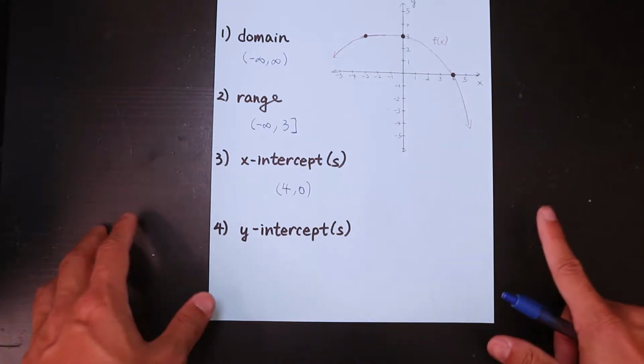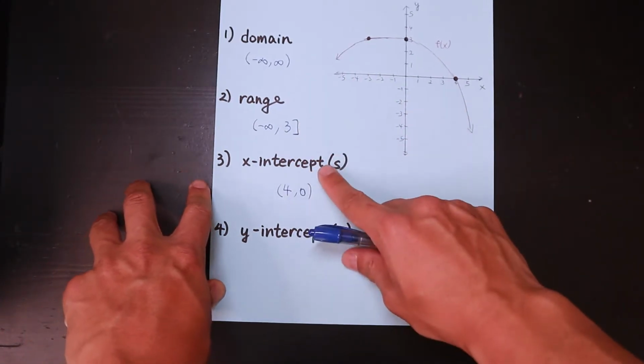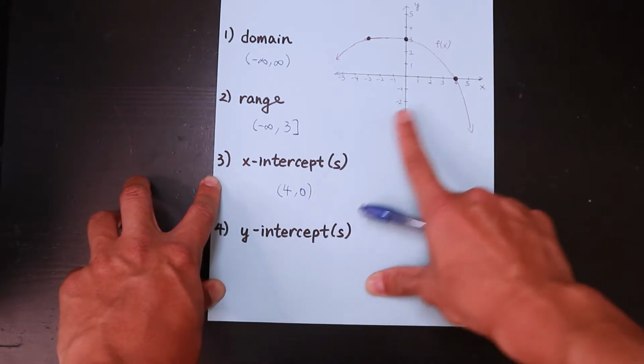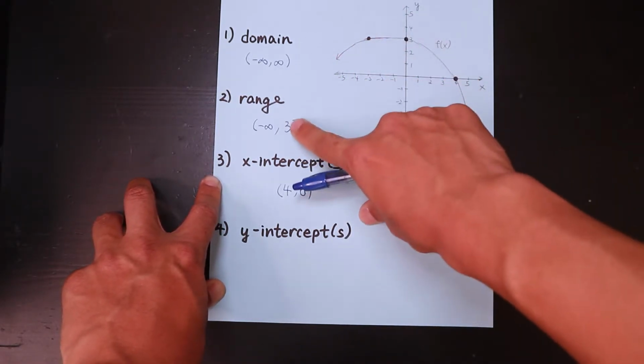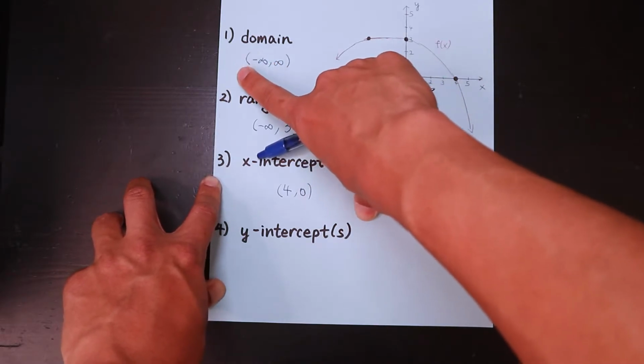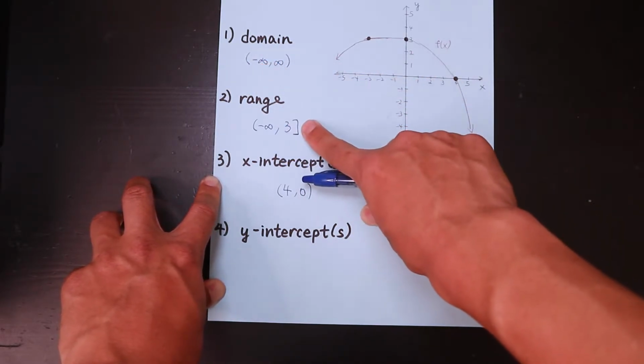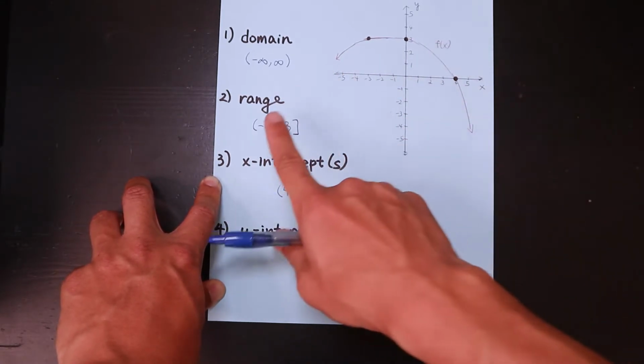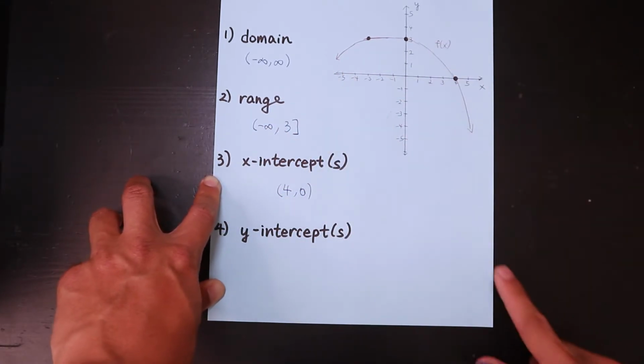I don't want you to get confused between interval notation and ordered pairs. For ordered pairs, we always use parentheses to indicate the location of a point. And in interval notation, we use brackets and parentheses to indicate a range of values, right? Like the least values, the greatest values, things like that.